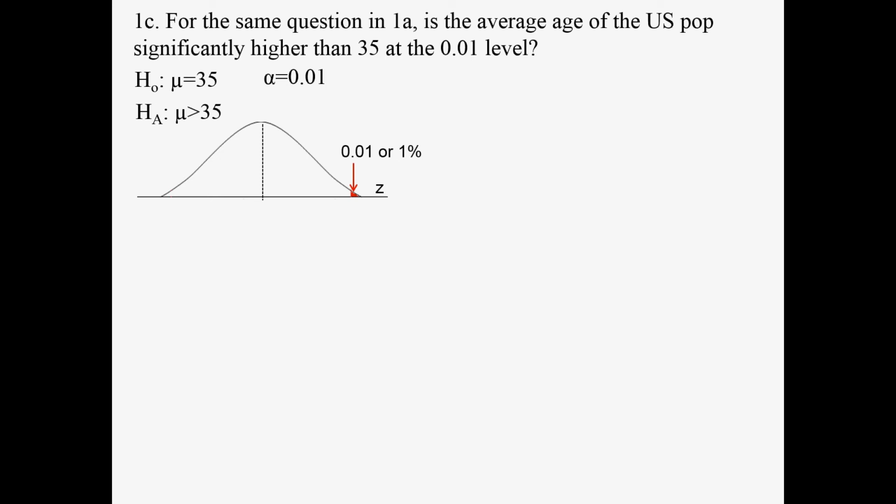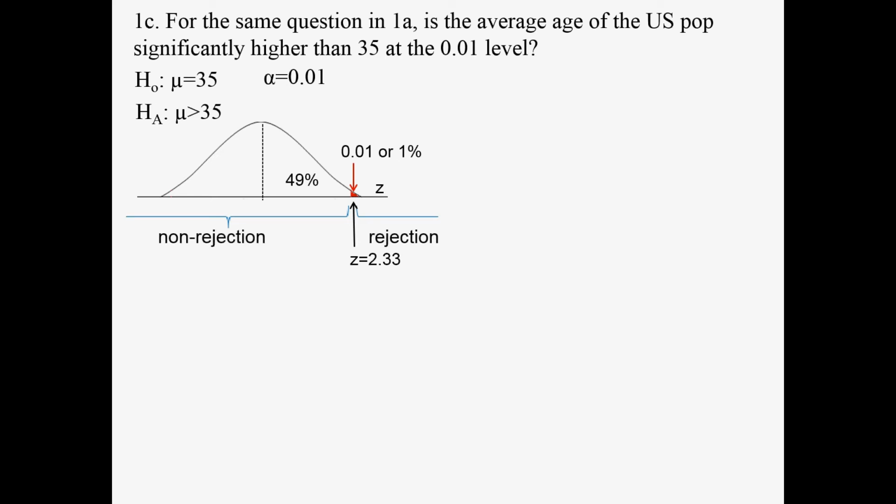Then we go to the normal table to look up a probability closest to 49% to find the critical z-score. It turns out that the critical value z-score is positive 2.33. And this critical z-score divides the entire z distribution into a rejection region in the upper tail and a non-rejection region for the rest of the distribution.